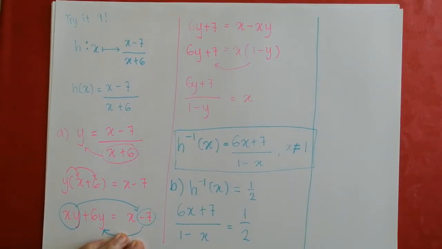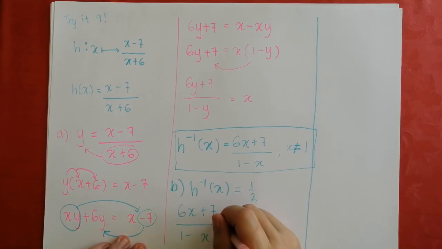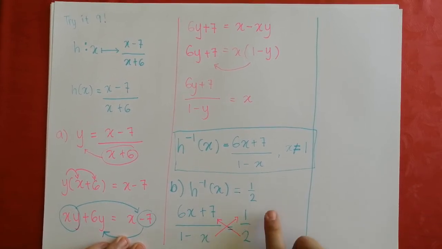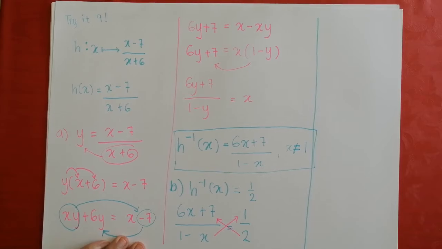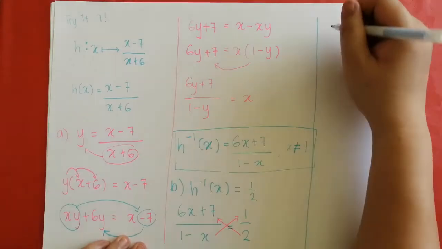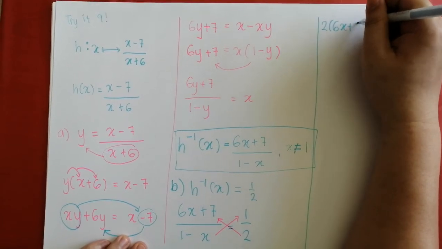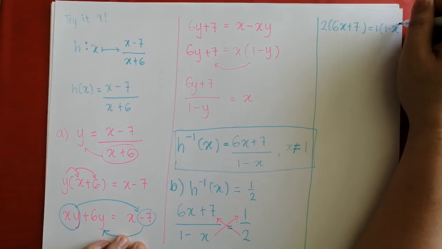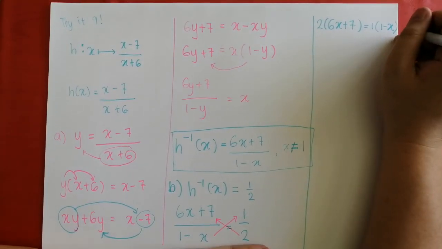We just do cross multiply. Because both sides are single fractions, we can bring divide from the left to the right, becomes multiply. Divide by 2, move it to the left, becomes multiply. So you have 2 bracket 6x plus 7 equals 1 bracket 1 minus x. Then from there, let's expand, open up the bracket.